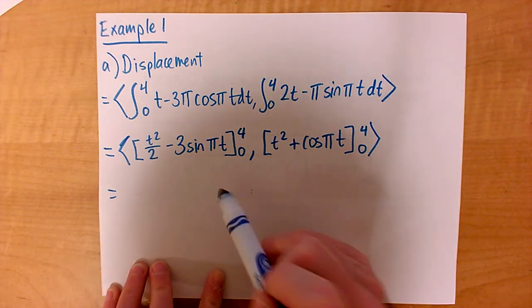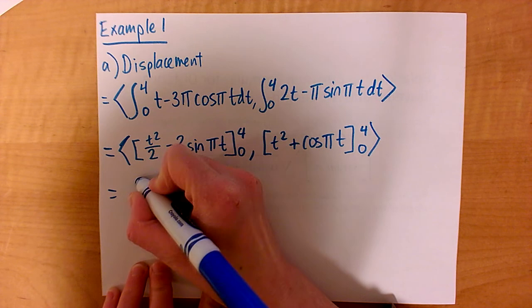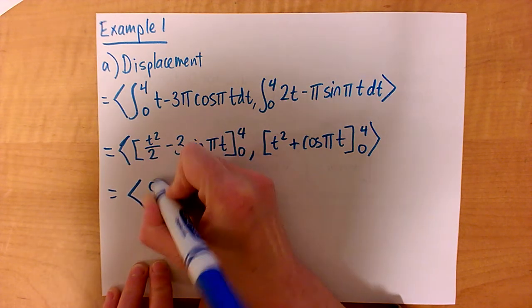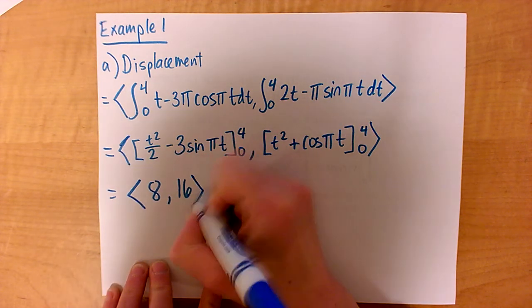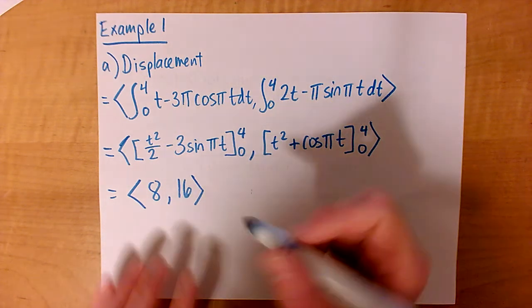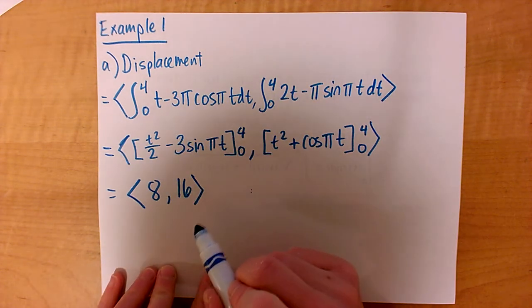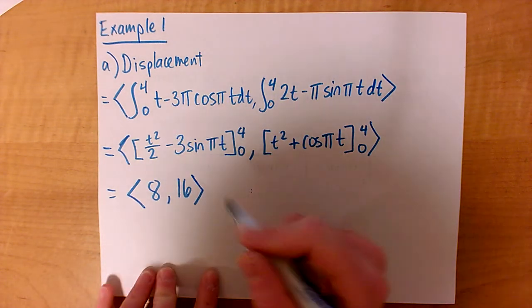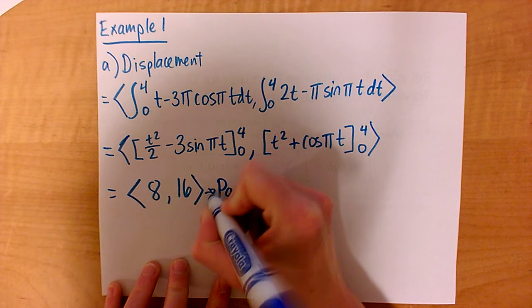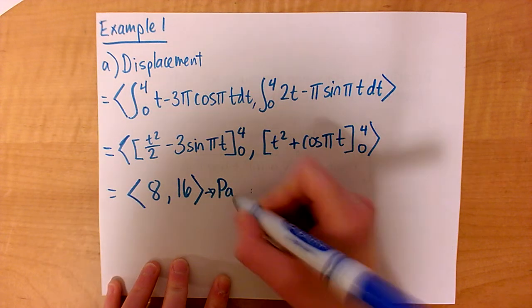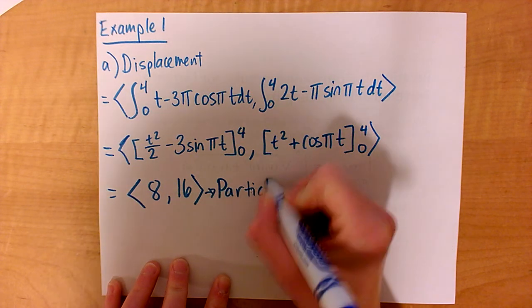And so then if we evaluate those antiderivatives and simplify, we're going to end up with 8, 16 as our two components. So then, we still have to do a little work to find the final position. Our next step would be to add the points we have for our initial position.